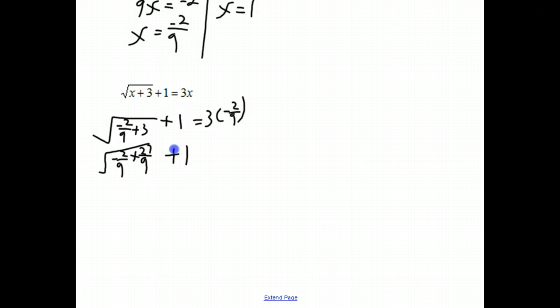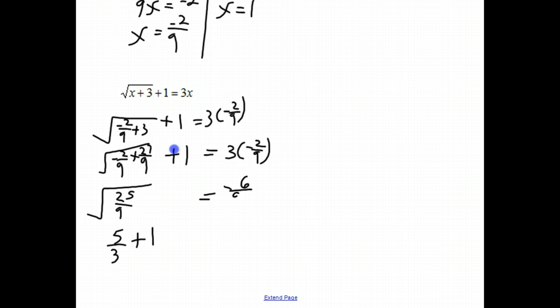On the left side, that would give us a square root of 25/9. And the square root of 25/9 is the same thing as the square root of 25 over the square root of 9, which gives us 5/3 plus 1 on the left side. On the right side, you'll notice we get 3 times -2/9, which is going to be equal to -6/9, which is -2/3.